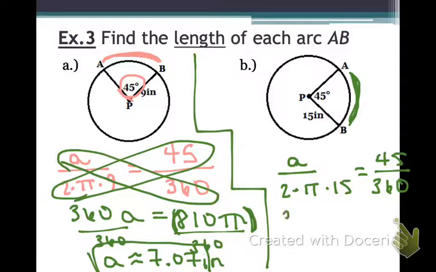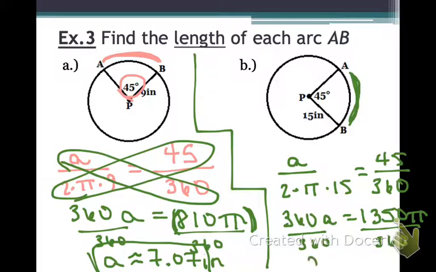I'm going to cross multiply, so we have 360A equals, now I'll take 45 times 2 times 15, which is 1,350 pi. Now, the main reason I leave it in terms of pi is so I don't have to write down another decimal. It's just easier that way. Now divide by 360. You should get a decimal of about 11.78 inches.